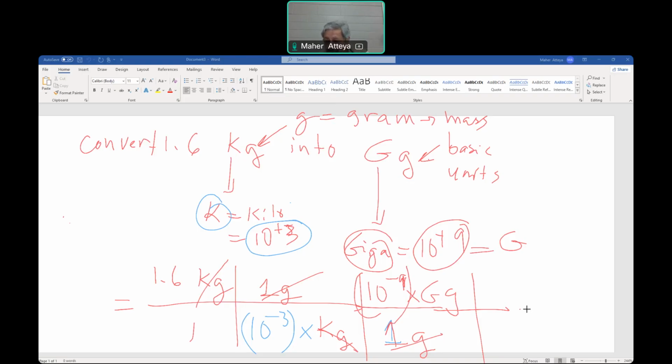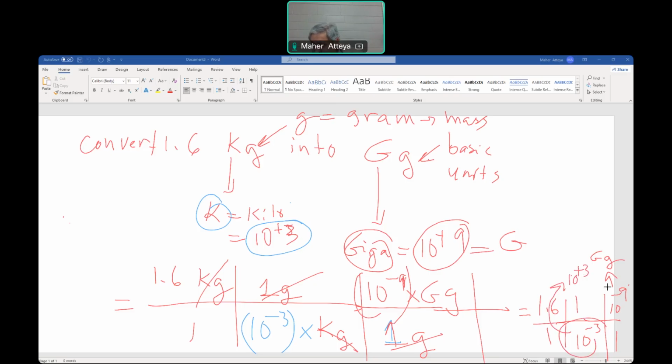So now I have something looking like 1.6 over 1, times 1 over 10 minus 3, and 10 minus 9 over 1, and the unit is capital G, small g, grams. Now taking this one from the bottom to the top, I have to change the sign of the exponent, which is 10 plus 3.